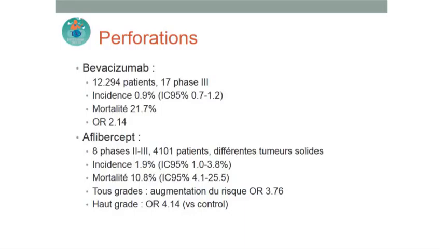Fairly large cohort with different solid tumors, an incidence of 1.9%, mortality of 10.8%, and an increase of risks with an odds ratio of 3.76. So I think we need to be careful with that molecule.